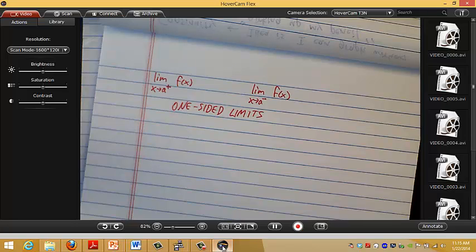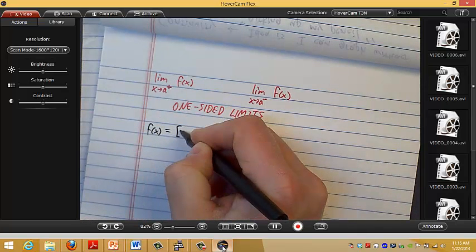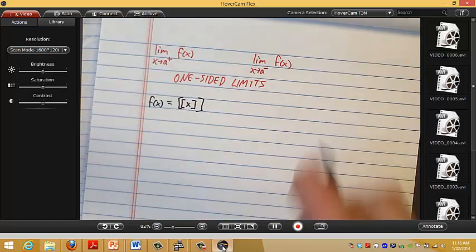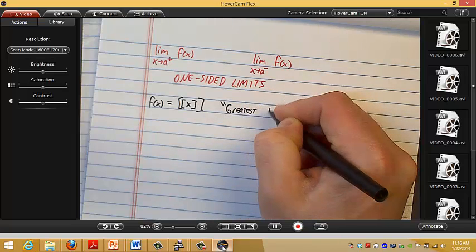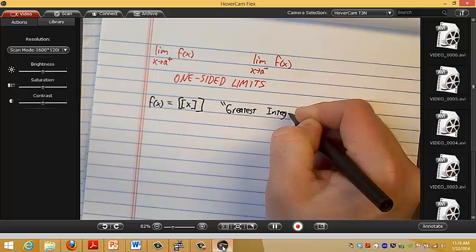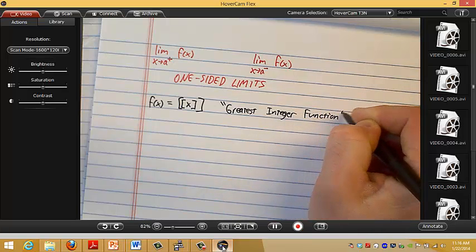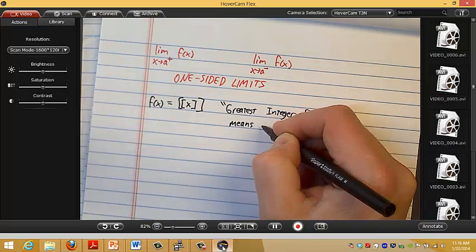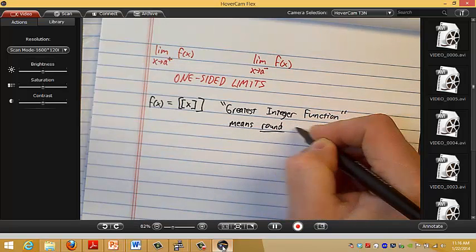Well, when we write this symbol in mathematics, f of x equals double bracket of x, it's called the greatest integer function. But basically what it means is we're supposed to round down.